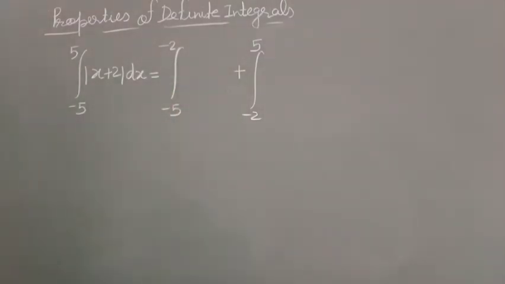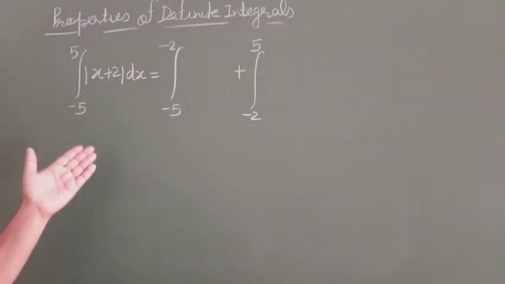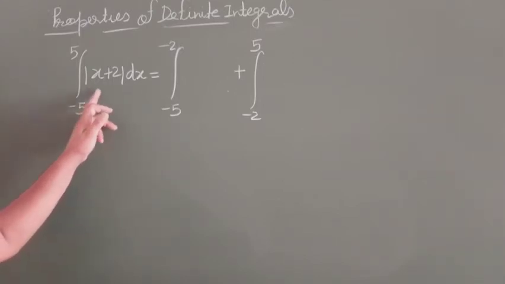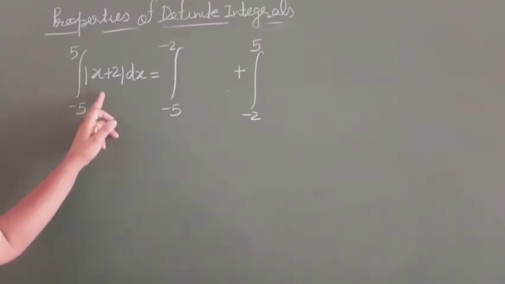because you have seen if the value of x is less than minus 2, then it is minus x plus 2, and if the value is more than minus 2, then it is plus x plus 2.